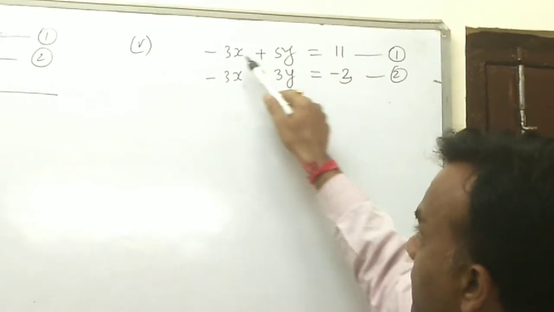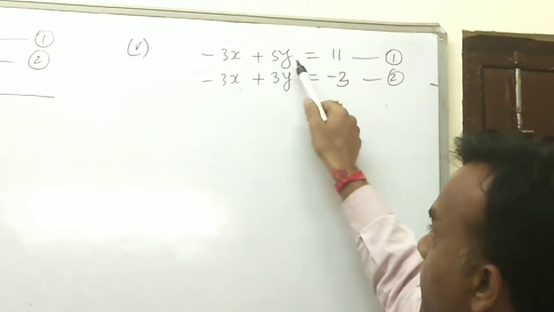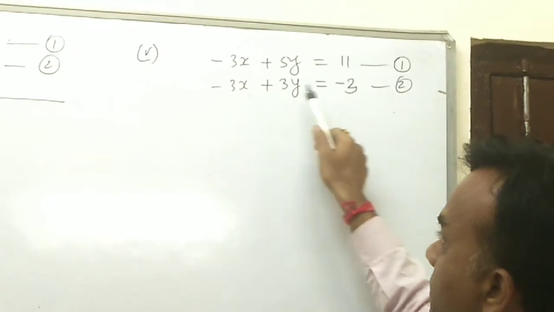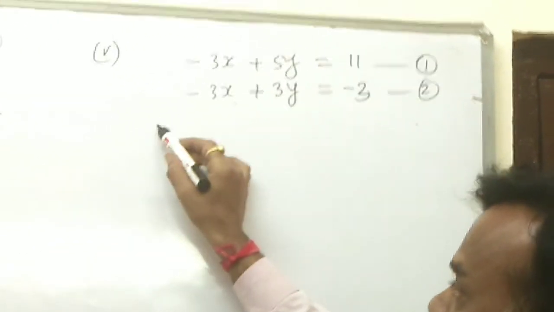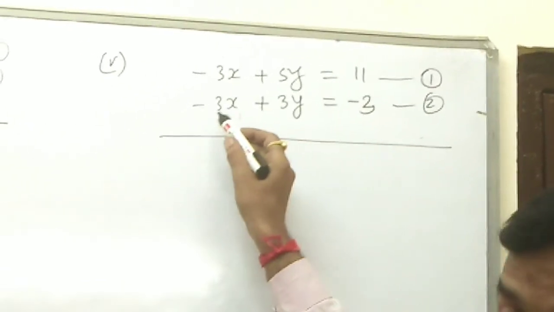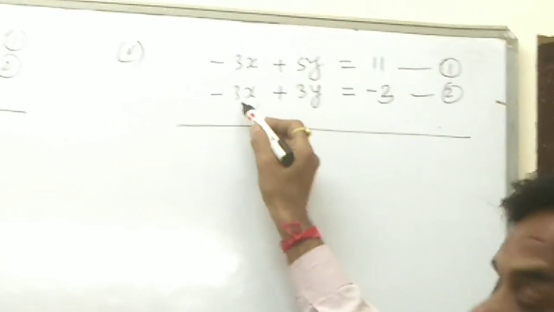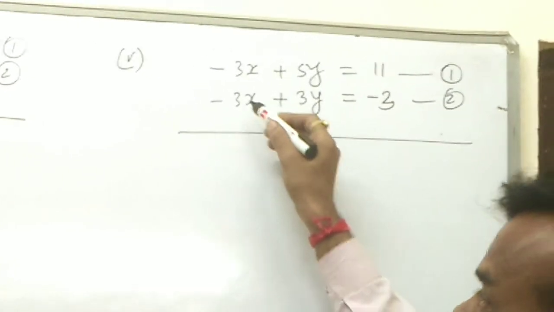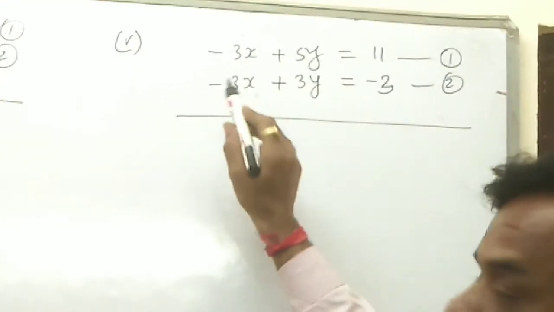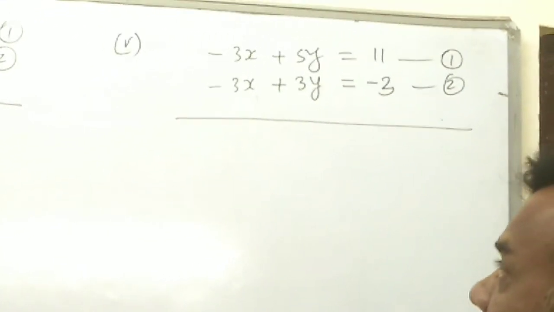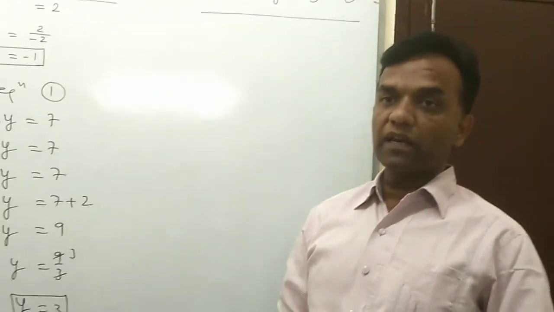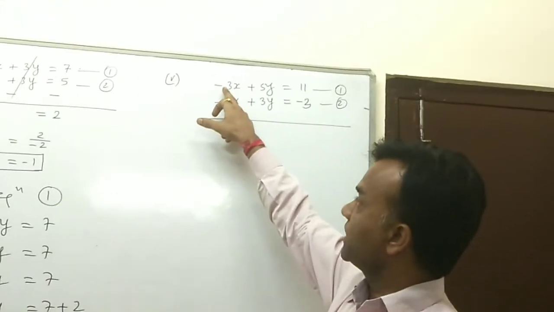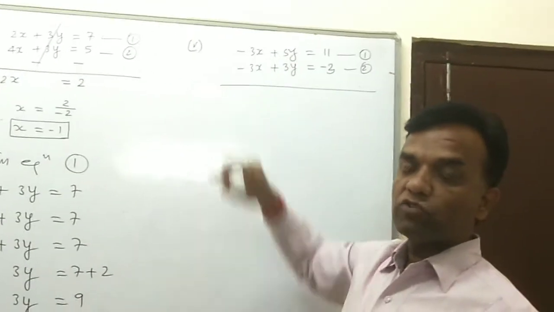But in this case, first equation minus 3x plus 5y equals 11, minus 3x plus 3y equals minus 3. So now, using the same approach as in the previous equation, but here eliminating variable x, because your coefficients of x are identical. Therefore, using the concept of eliminating the variable x. But the second condition is what? If your coefficients of the variable are in the same sign, then you change the sign.